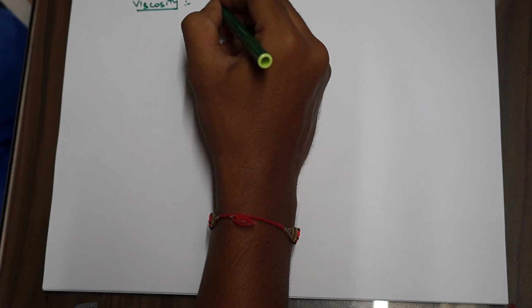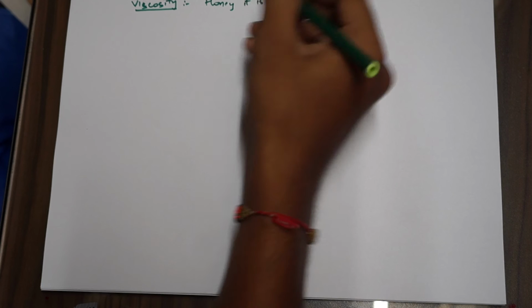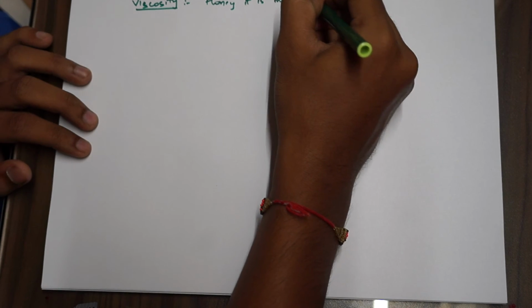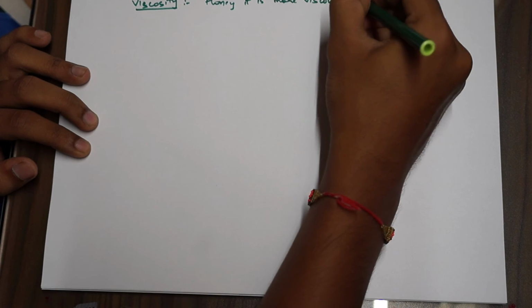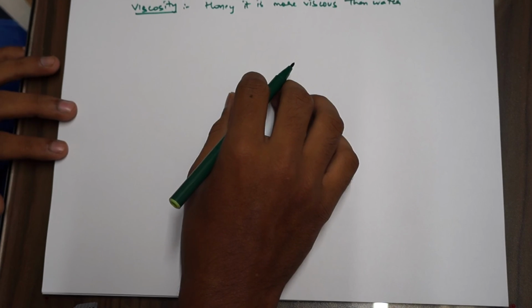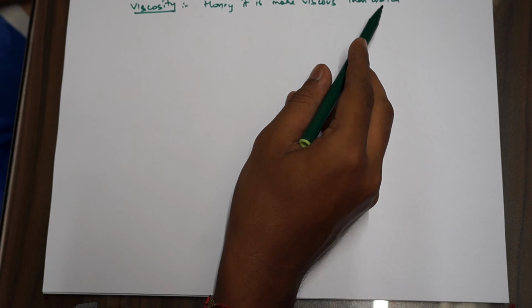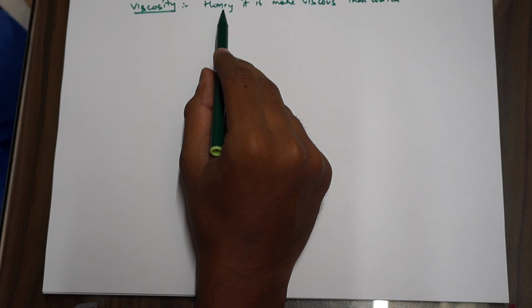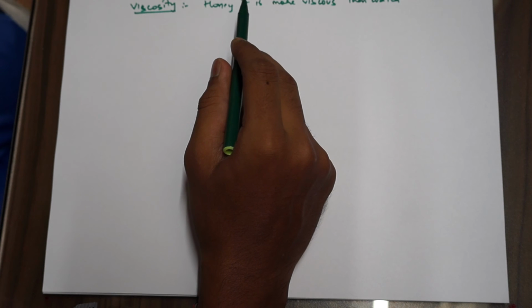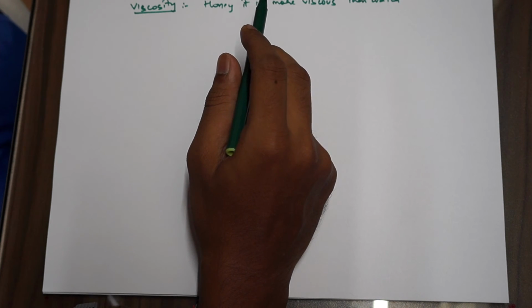Alright, so for example, there is honey. It is more viscous than water. Basically, say water flows easily, so compared to honey, water is less viscous and honey is more viscous. Alright, so viscosity is basically the measure of resistance given by a fluid to resist flow.